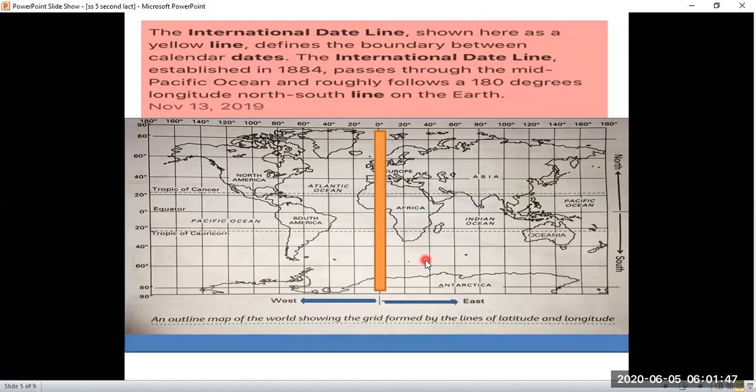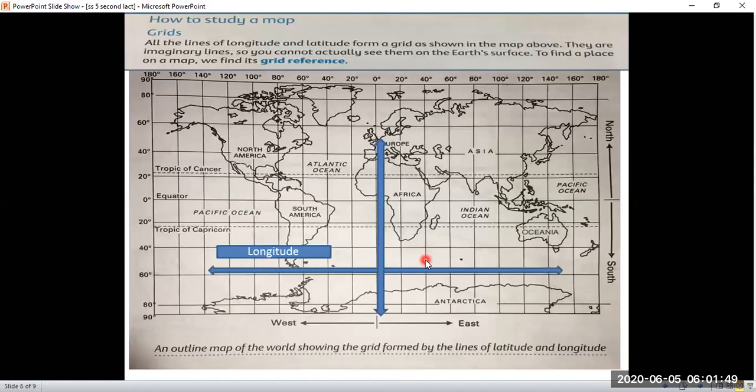How our map of the world shows the grid or the date line. Now let us study the grid. All the lines of longitude and latitude run here, and this arrow line shows the longitude line and this arrow line shows the latitude line.